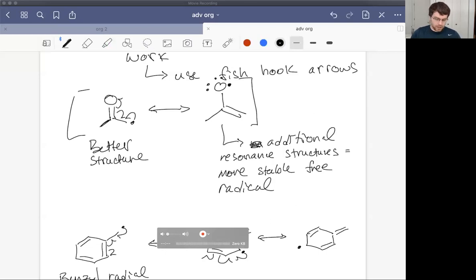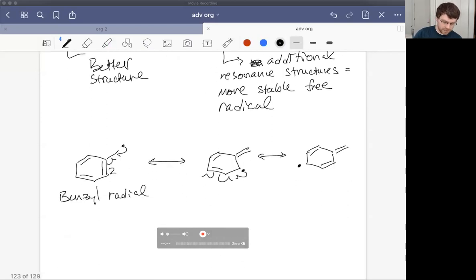Okay, so there are some examples where we can have pi systems that actually withdraw electron density by way of, I guess they're kind of donating. So still, I guess it is kind of donating the electron density. Let's just get back to the captodative effect.